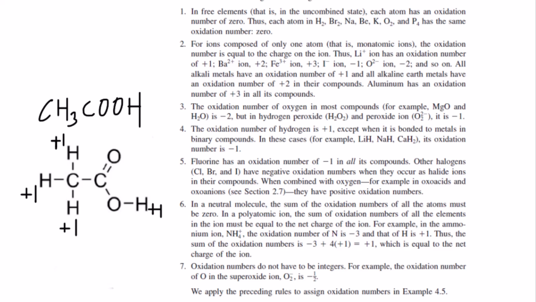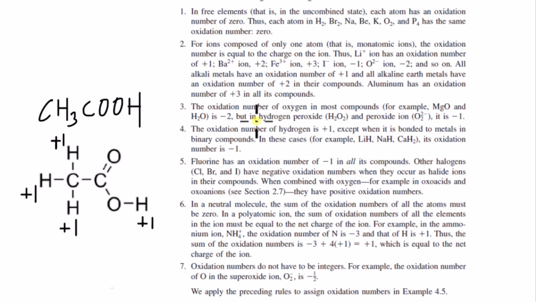Now we can come to the next cardinal rule that involves oxygen. This is what I would call a sub-cardinal rule, sort of like a little brother of the main cardinal rules we've listed thus far. I say that because the rule for oxygen is that oxygen will always have an oxidation number of -2 unless one of the cardinal rules we've talked about thus far forces oxygen to have a different oxidation number.